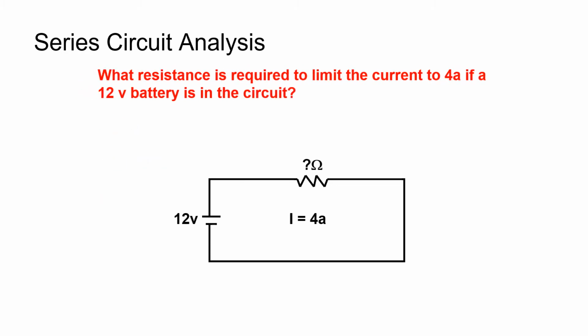What resistance is required to limit the current to 4 amps if a 12-volt battery is in the circuit? Referring to Ohm's law, we know that resistance equals voltage divided by current. Therefore, the resistance equals 12 volts divided by 4 amps equals 3 ohms.